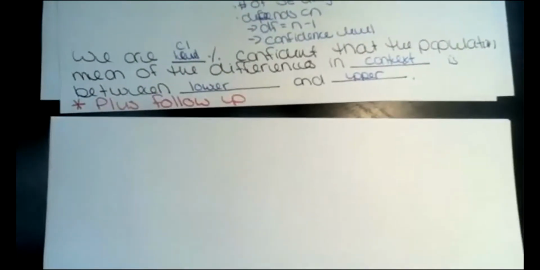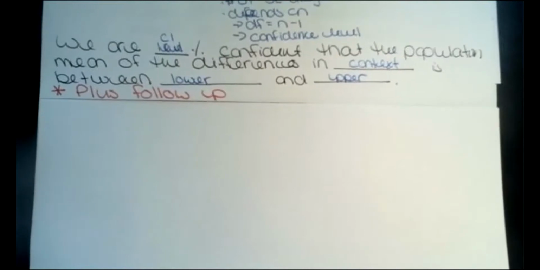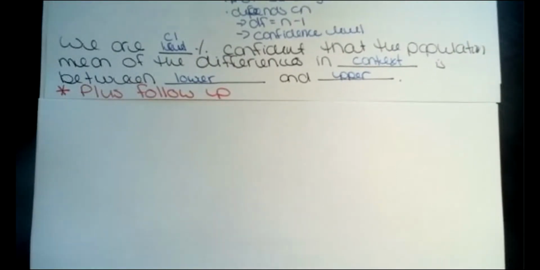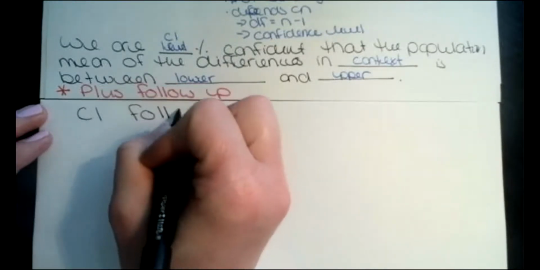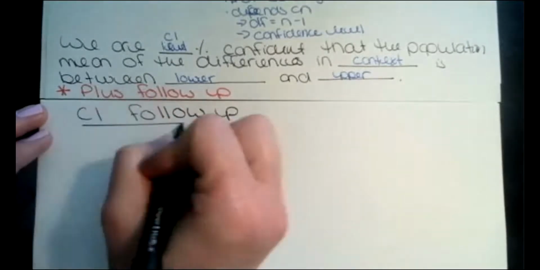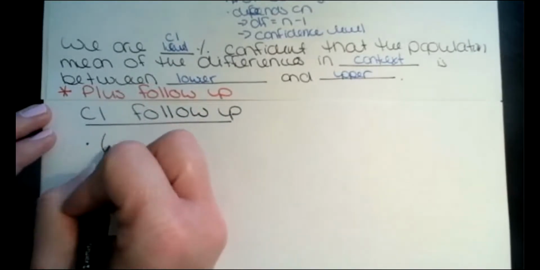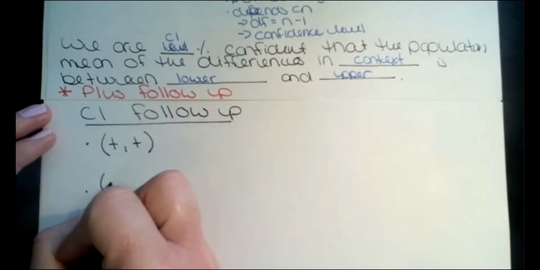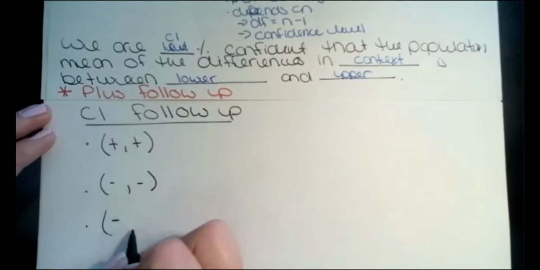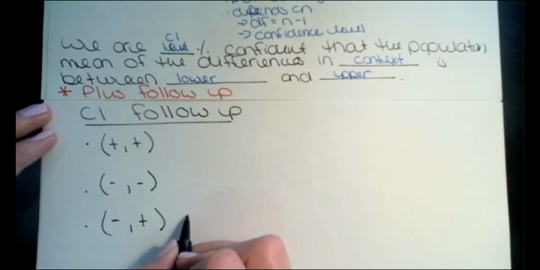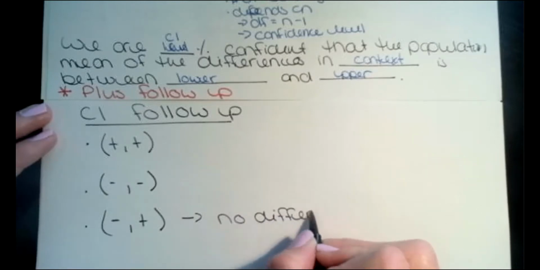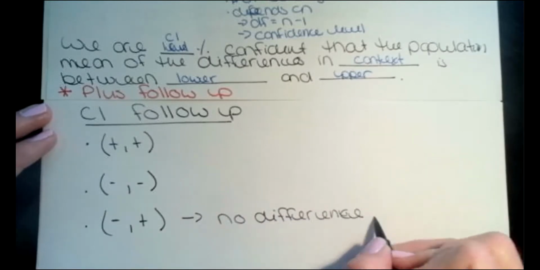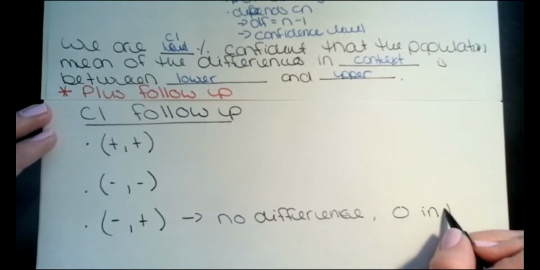So let's take a look. The follow-ups are no different than anything we've done last class, or even for the proportions. Okay. So remember, for the follow-up, we have three different scenarios, right? So we have an all positive CI, we have an all negative CI, or we have that CI goes from negative to positive. So when we have this CI that goes negative to positive, that means there is no difference, and we have 0 in the CI.